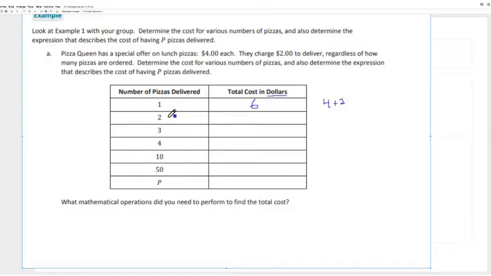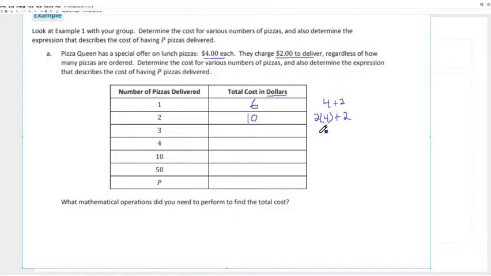But now if I get 2 pizzas, it's 2 times 4, because for each pizza it costs $4, and then adding 2 for the delivery charge. So 2 times 4 is 8, plus $2 for delivery, and if I add that together, I get 10.